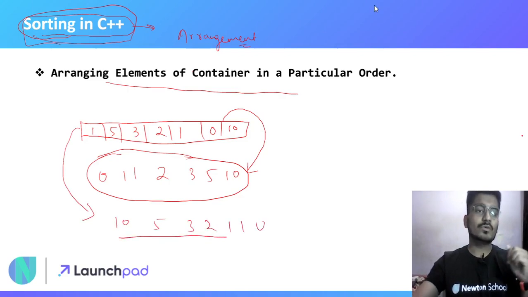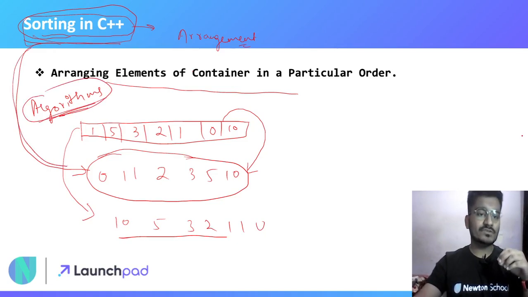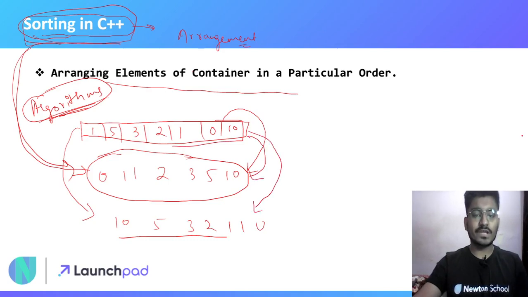Now this is sorting, and for doing this we have different algorithms in computer science. Suppose you have a sorting algorithm for sorting the elements of any container in ascending order.